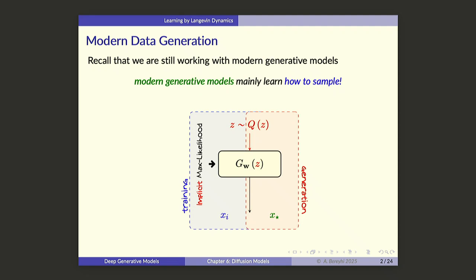The other one was VAE. VAE was a bit different from GAN. The key difference was that VAE was now probabilistic, so it could sample. It was not like a fixed neural network. You send the Gaussian noise into a neural network, and then you can sample from a distribution.